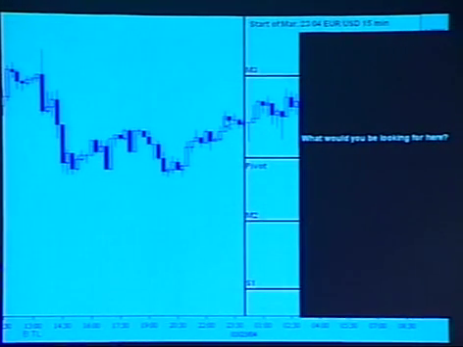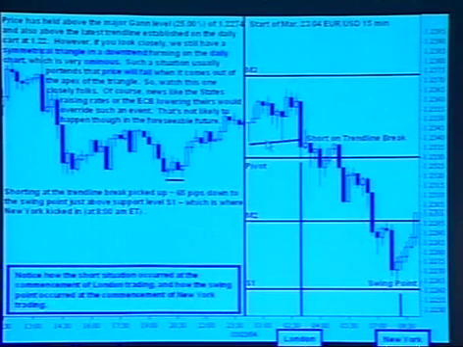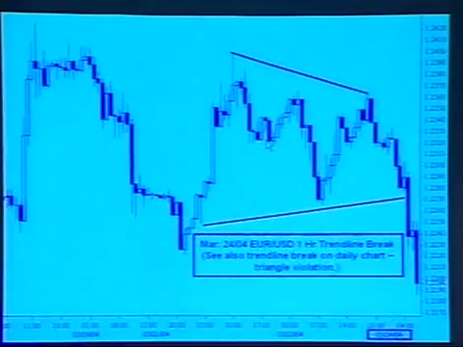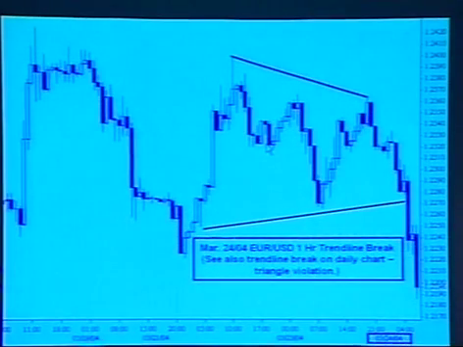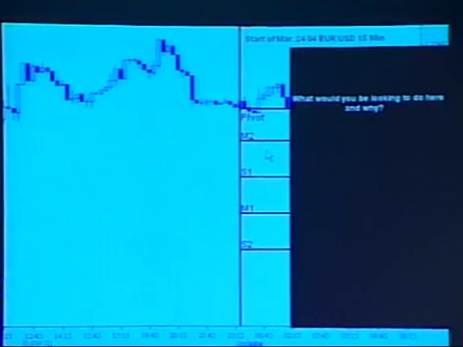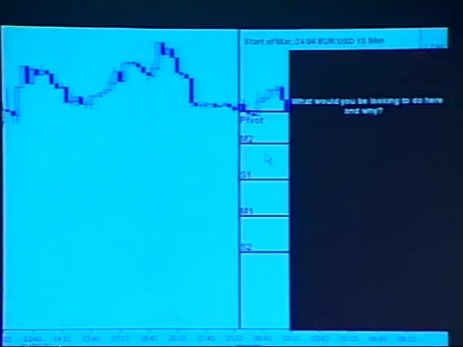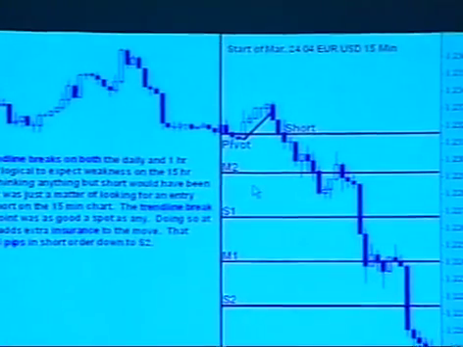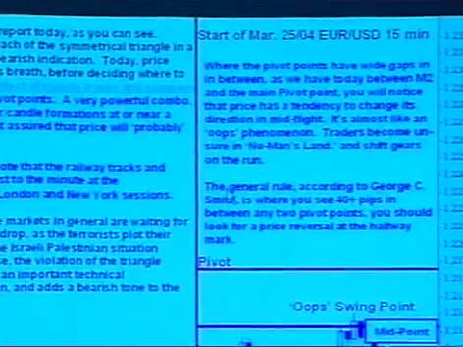This one is an example of a trend line break. What we would be looking for here would be, if you drew a trend line here between these cycle lows, you'd be looking for a break of that trend line going south. And here we have a bit of a trend line break, although a small run.